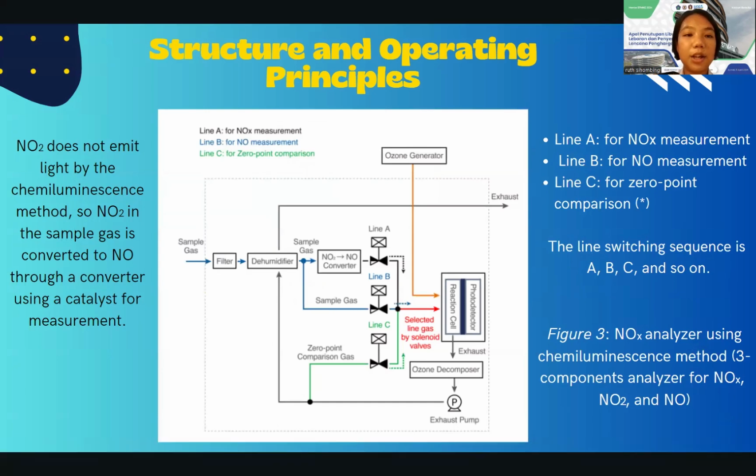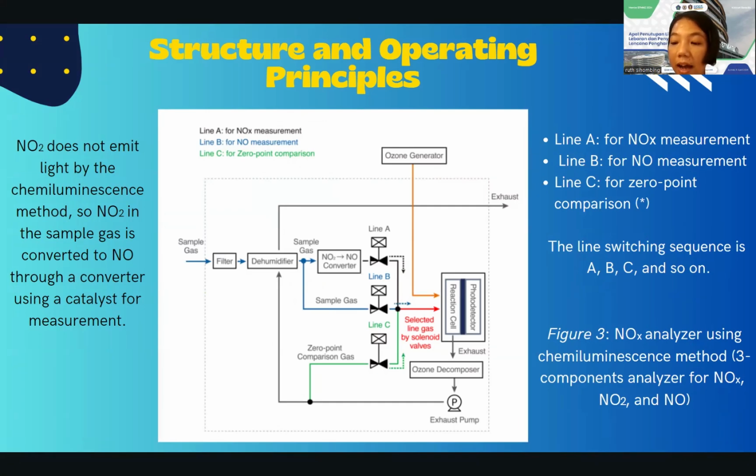Then in this picture, the overall structure of the analyzer is shown in figure 3. We can see the figure. NO2 does not emit light by the chemiluminescence method, so NO2 in the sample gas is converted to NO through a converter using a catalyst for measurement.